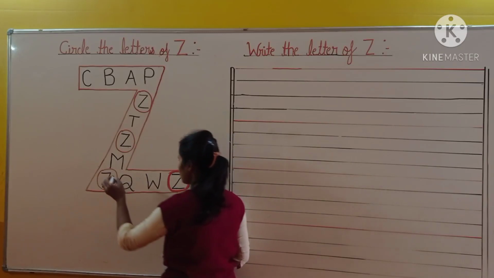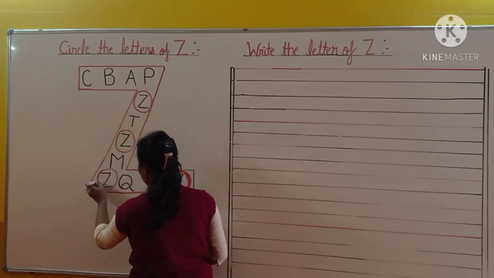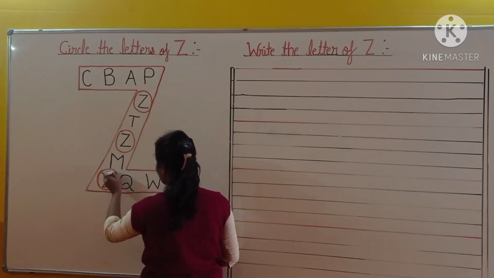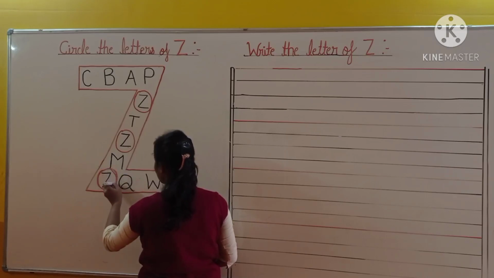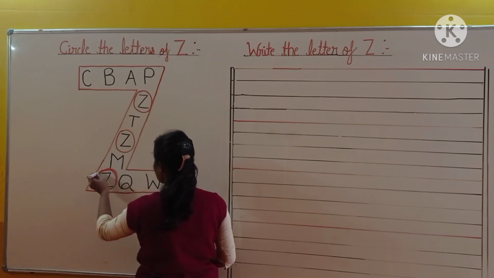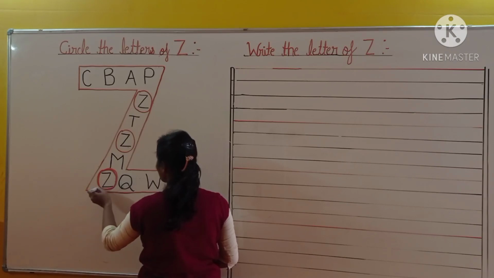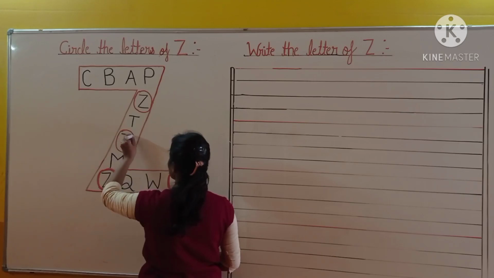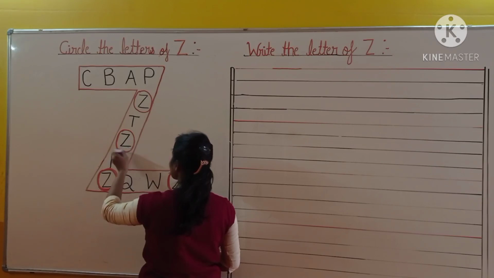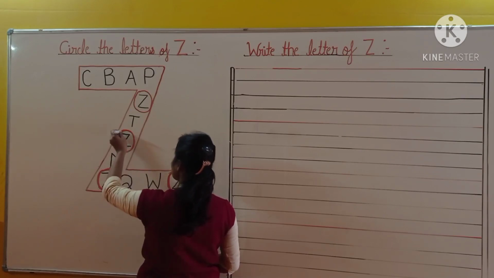Okay, next circle. Circle the letter of Z and color also. Z for zebra. Z for jeep. Z for zero.